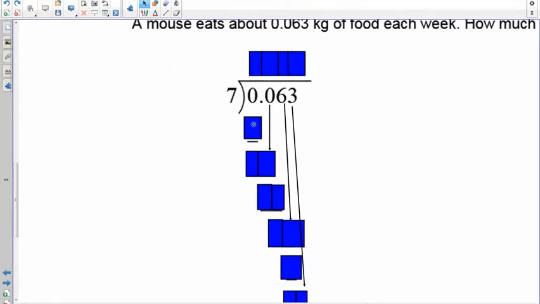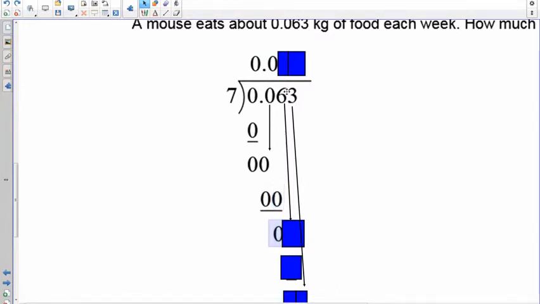7 does not go into 0, so that's a 0. Put a 0 above it. Now 0 take away 0 obviously is 0. And now put the decimal up and bring this 0 down. 7 will not go into 0, so that's a 0. And that's a 0. Notice the decimal goes straight up. 7 goes into 0 0 times. All right? So when you subtract that, you get 0, and now you can bring down 6.